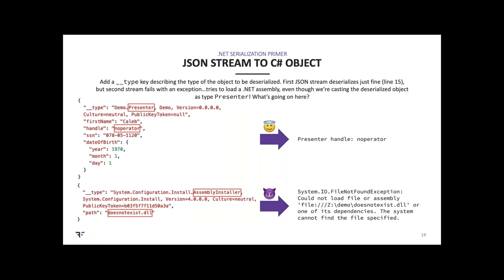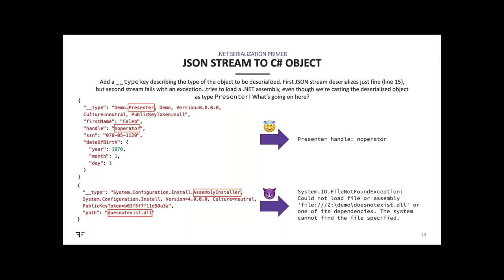The first one is the same JSON stream that I showed you two slides ago, but I'm adding a bit of extra data here. I added a type field that tells the deserializing program that this is a presenter type. When I deserialize that stream, my deserializing program takes that object and prints out the presenter's handle just to verify that we successfully deserialized this thing. So everything looks good right here.